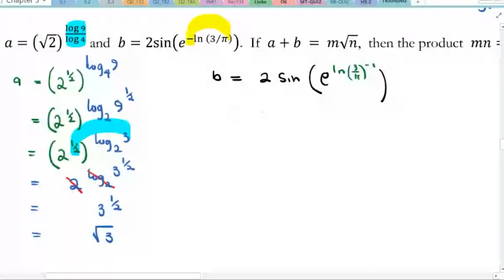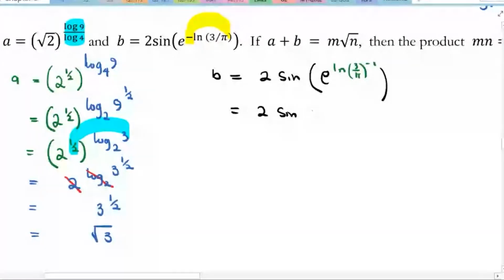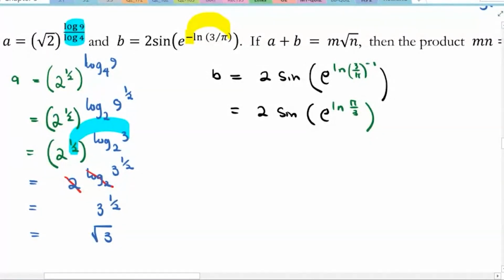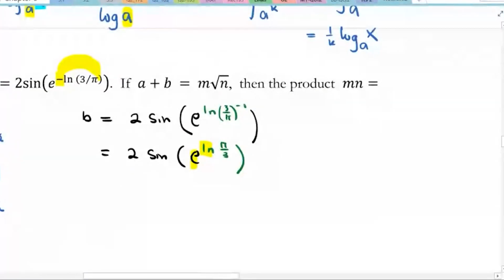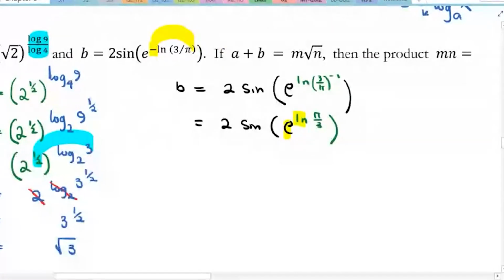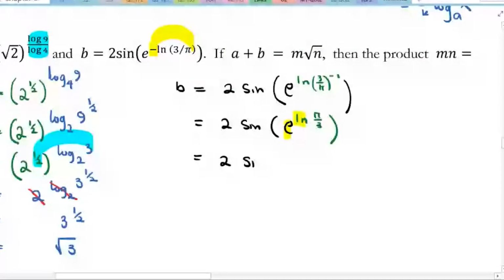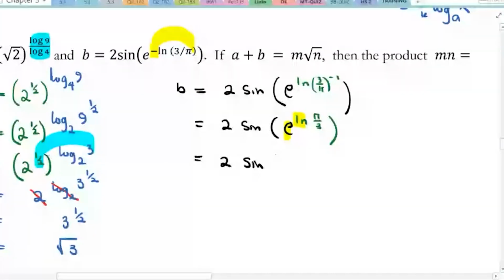So this is going to be equal to 2 sine of e to the power of ln of pi over 3. Now, we know this property. E and the ln, they will cancel each other. This is the same property I just explained now. So this is going to be equal to 2 sine of pi over 3.